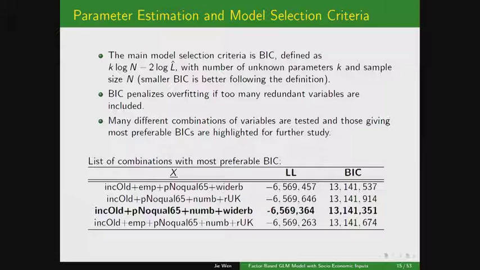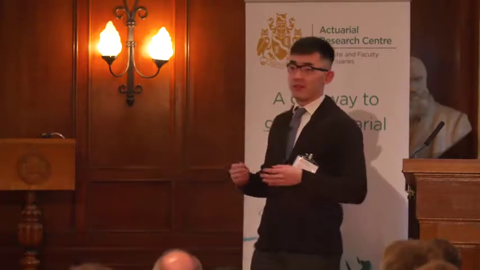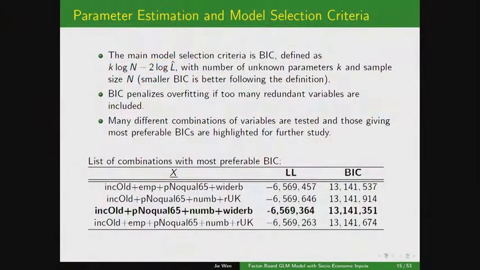There is also some expert judgment applied, for example, which predictor to start with and which two predictors might work better when applied together. But the first thing we have done doesn't include too much intelligence. We just tried out different combinations. And here are the 4 scenarios, the 4 combinations that give the most outstanding BICs.